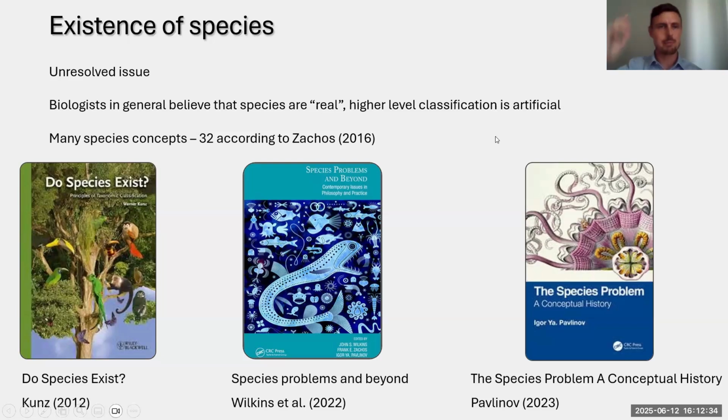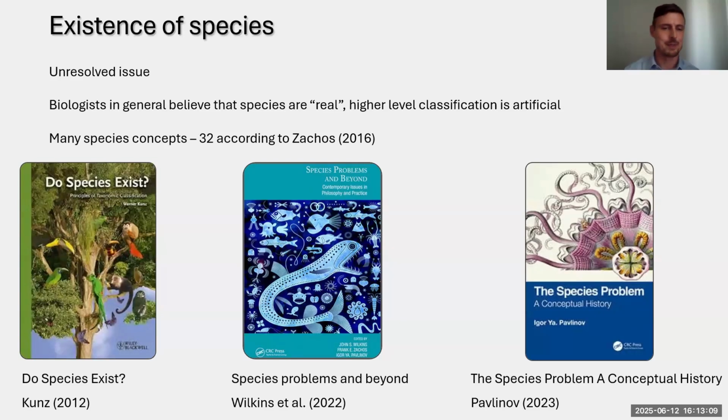It's nicely demonstrated by the fact that there are at least 32 different species concepts in taxonomy across all organisms. It's also interesting to note that taxonomists are usually convinced that the species category is actually real, but the higher level classification is probably artificial and is not present in nature itself.